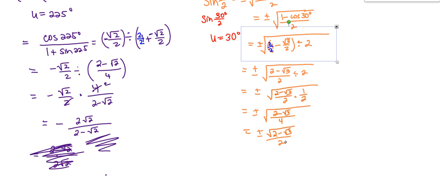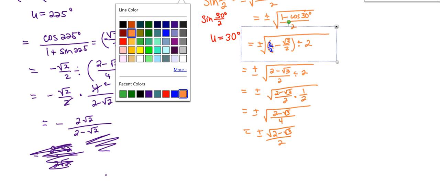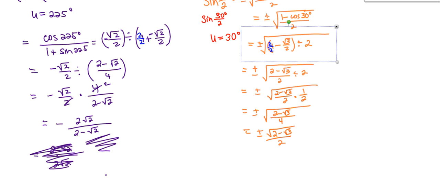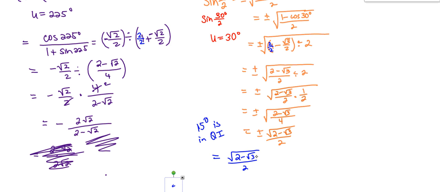Okay, now we need to figure out if it's a plus or minus value. Sine of 30 over 2, so 15 degrees, is in quadrant 1. So the final answer is the positive square root of 2 minus square root of 3 over 2. But this is for sine.